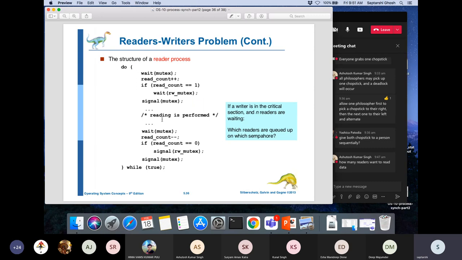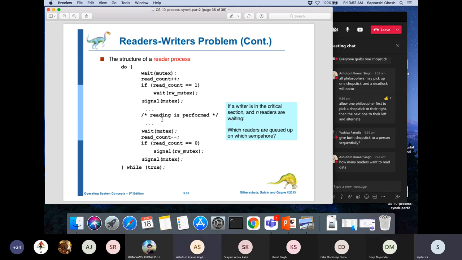Think a bit more. Repeat what you said. Because the RW mutex is signaled only at the end of the reader process, only after one Wait is performed. Think a bit here. You are on the right track, but think a bit. When is RW mutex signaled? Just when one reader has completed reading?